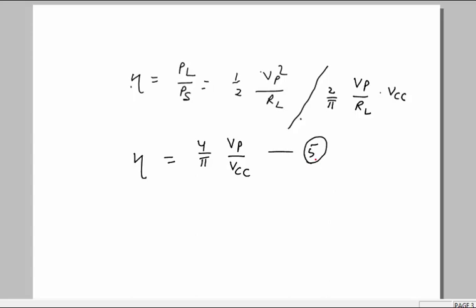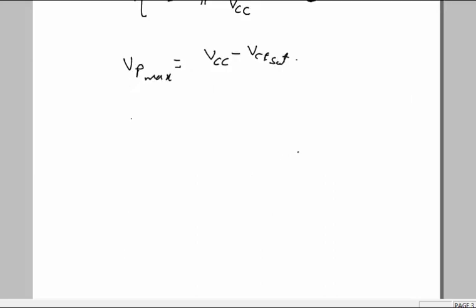Now here we got the expression for efficiency. What is the maximum efficiency we can obtain? The maximum efficiency we obtain when Vp is at maximum. So what is Vp max? We saw that Vp max is VCC minus VCE in saturation, which is almost equal to VCC.